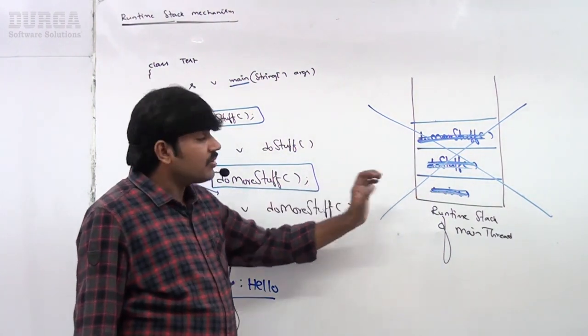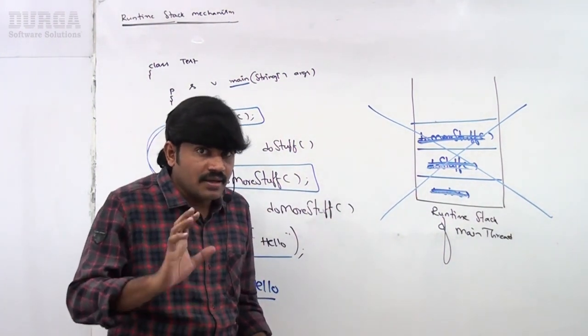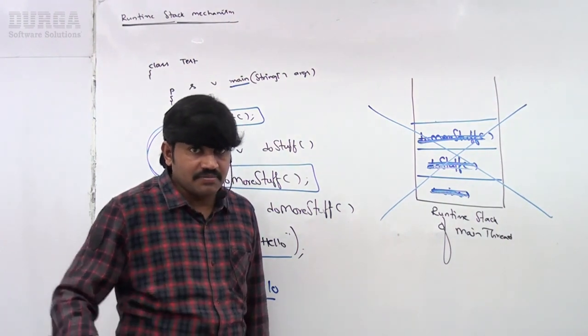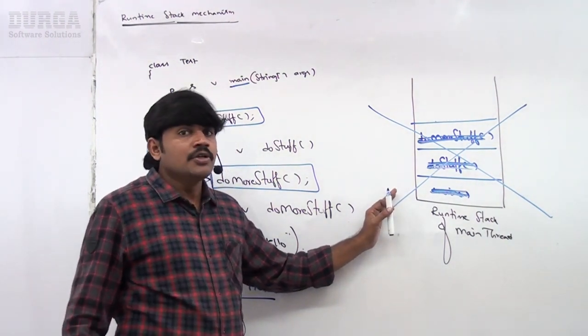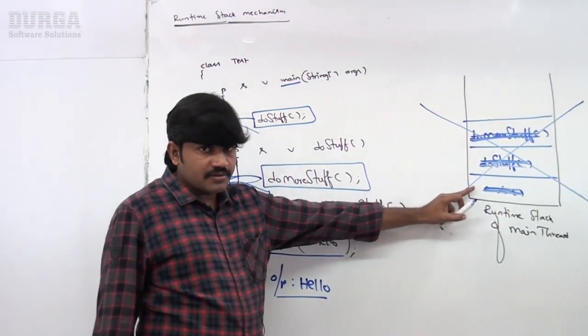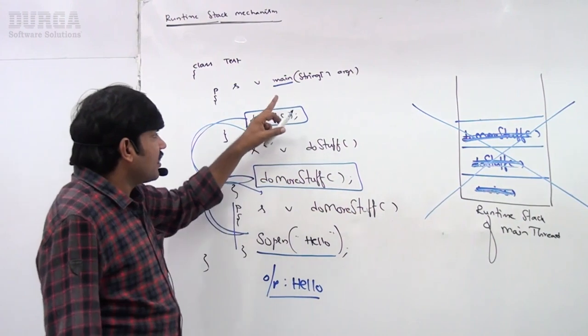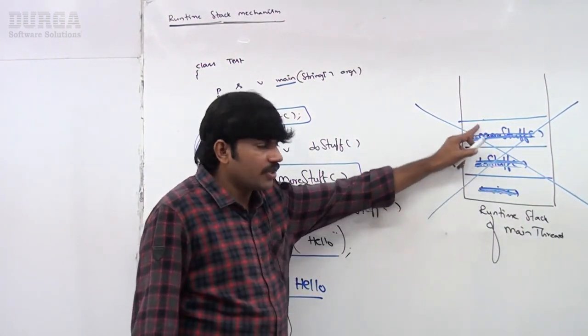So this is what you should be aware of, which is nothing but the runtime stack mechanism. Clear for all? What is the meaning of runtime stack mechanism? For every thread, JVM will create a separate stack. For every method call performed by the thread, one entry will be stored in the corresponding stack.